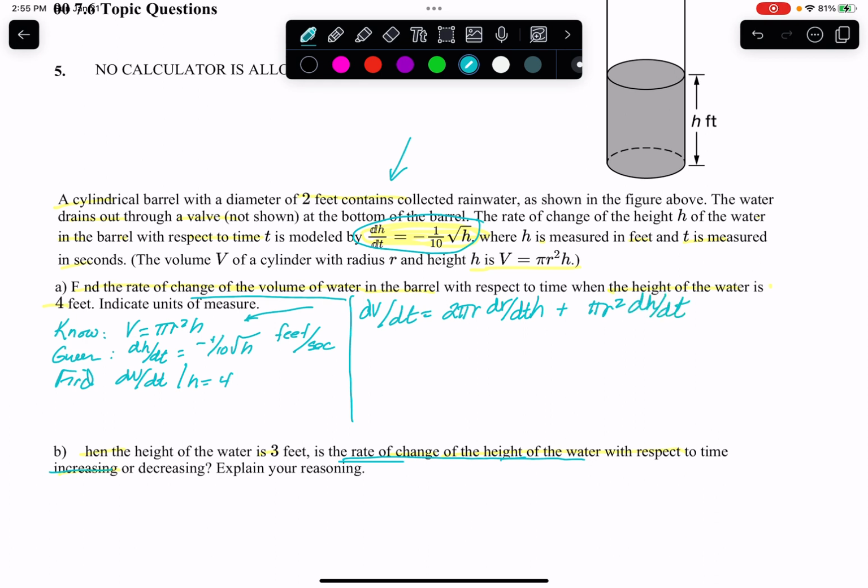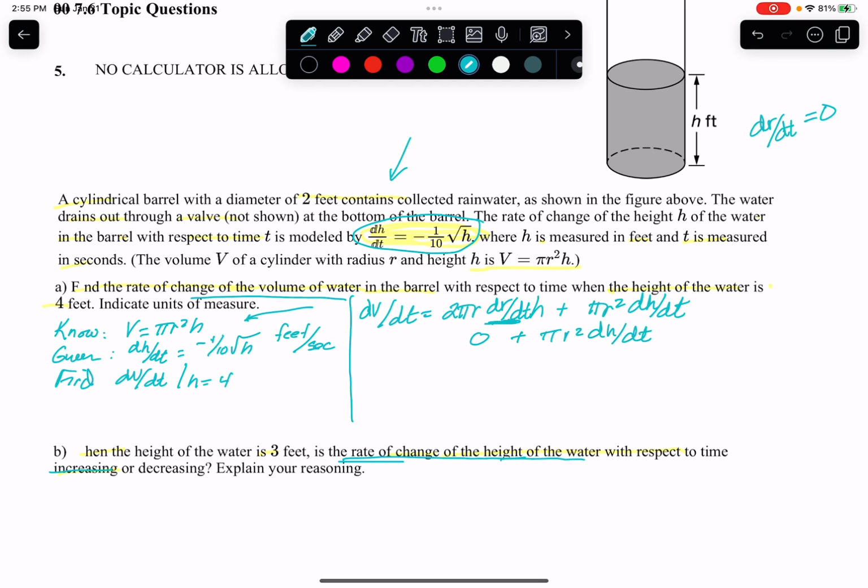Now, this is what I was saying. We know dr/dt is 0 because the rate with which the radius is changing is 0. So we know this first part is 0. So 0 plus pi r squared dH/dt.